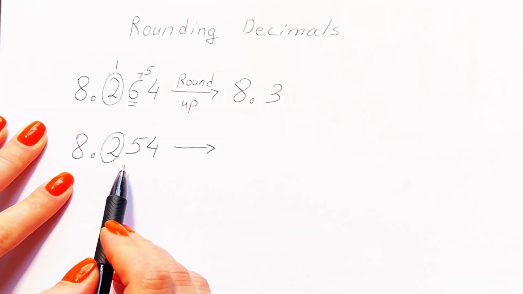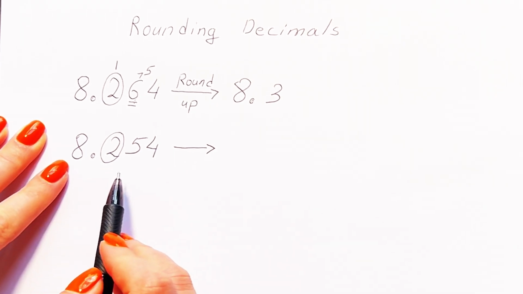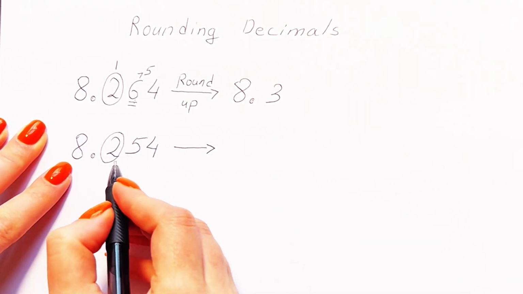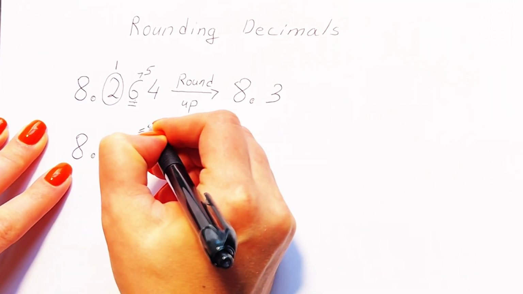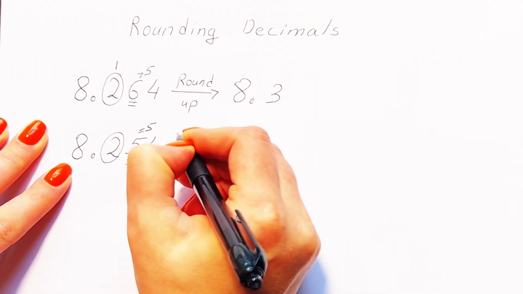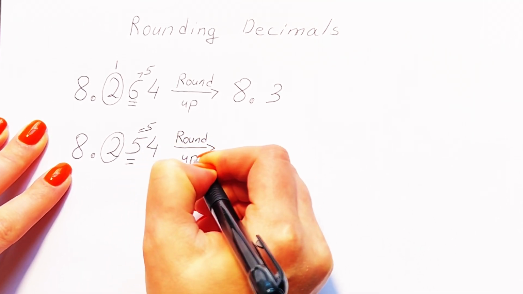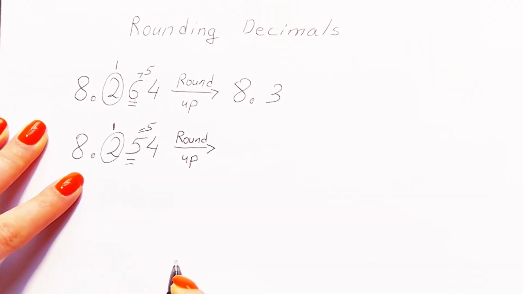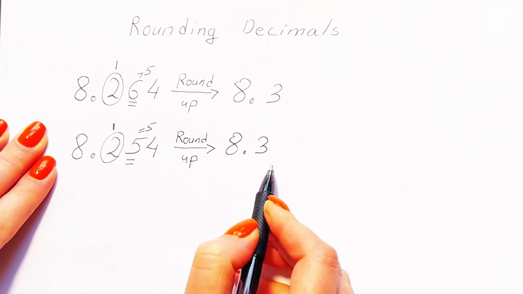But I'm gonna round it, it's gonna be 8 and 2/10, or I'm gonna round it up. So, because the next digit is equal to 5, I'm gonna round it up. It's gonna be 8 and 3/10.